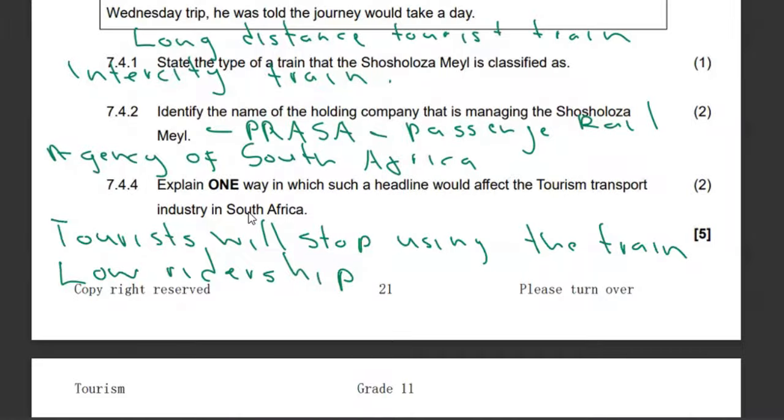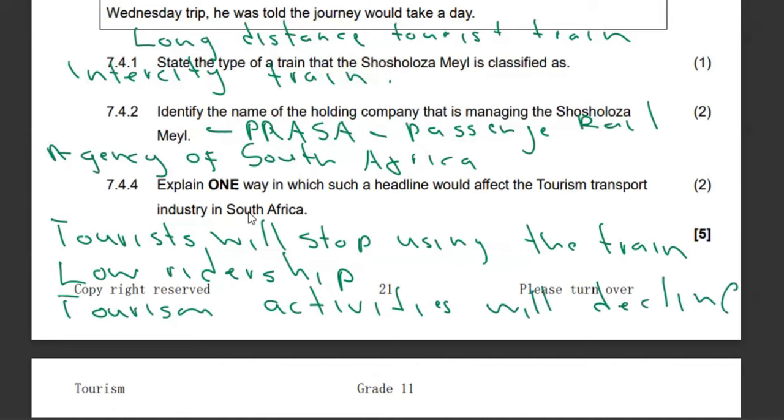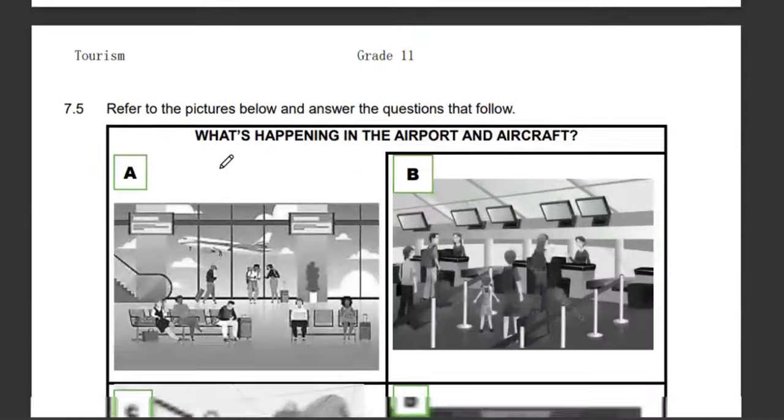So very few people will ride the train. Tourism activities will decline. So these are some of the bad things which will happen because of this. Tourism would decline. Then moving on to the next question.